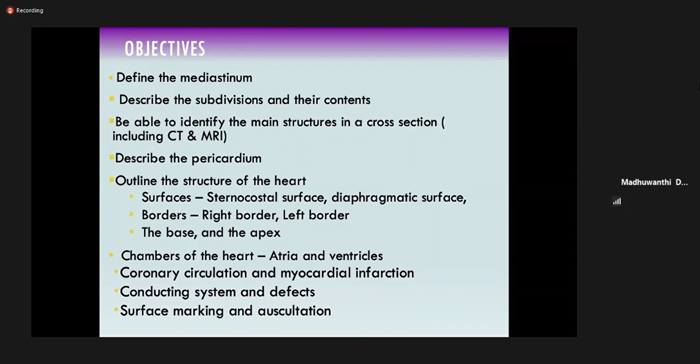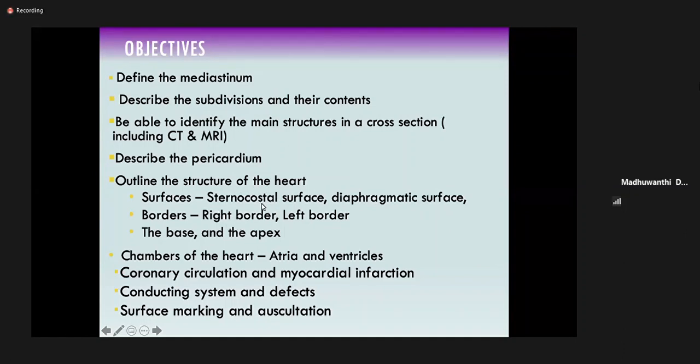Then the heart is a very important organ, because if you take morbidity and mortality both, the heart is a very important structure where the disease conditions and the death of patients would be involving the activities of the heart. Therefore, this is a very important region. So first, the foundation has to be laid properly about the structure. That is why you will have to learn about the heart.